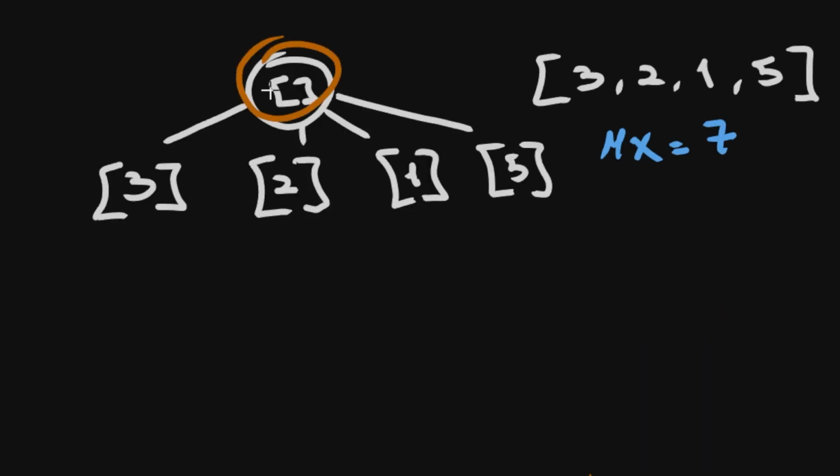Let's say we have an empty subset, and from here we have 4 choices in this case. We can take 3, 2, 1 or 5, and we can build a subset with each of these values. And the corresponding bitwise OR for each of these is the corresponding number. So for example, here it's 3, here is 2, here is 1, here is 5.